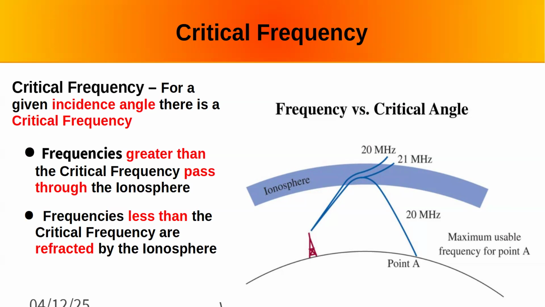If it's less than that critical frequency, then it can be refracted back to the earth. Explain why the 20 megahertz signal passes through and refracts as opposed to the 21. You've got two slightly different angles. I hadn't noticed that, but you're right.